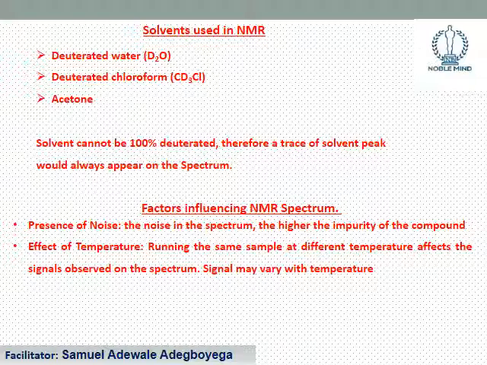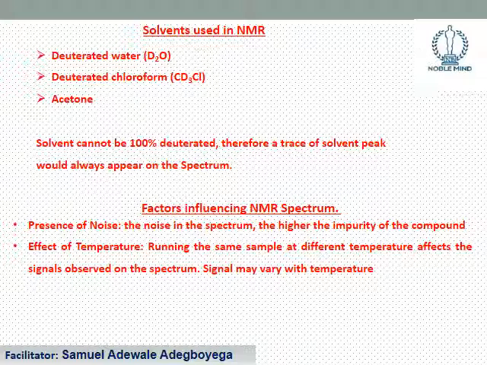Therefore you see a trace of solvent peak when you are observing a spectrum. So the first thing you look for when you want to elucidate is to cancel the effect of the peaks due to solvent.